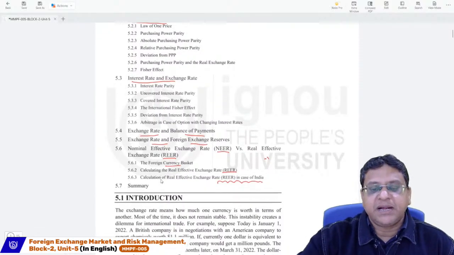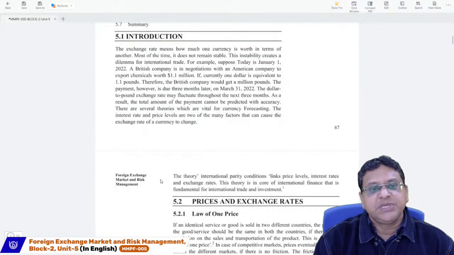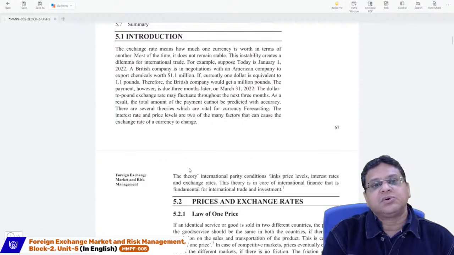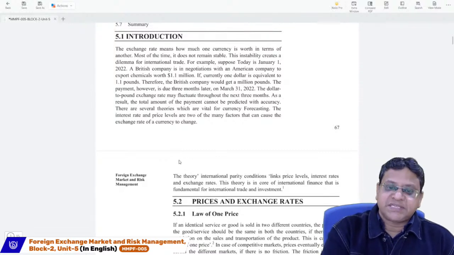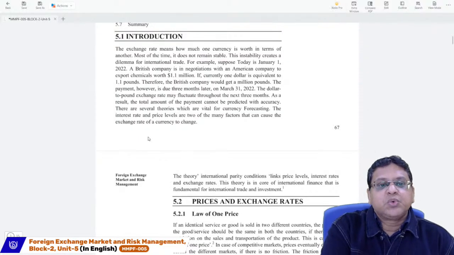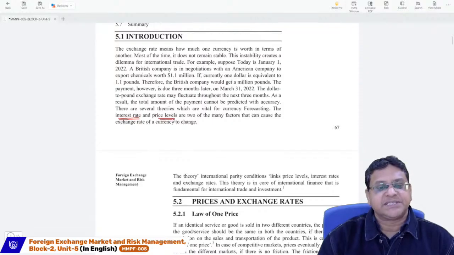Friends, we have discussed exchange rate. We know that exchange rate is the rate at which one country's currency is exchanged for another country's currency. That is known as exchange rate. There are many factors which affect exchange rate. Two of the most important factors are interest rate and price level changes.